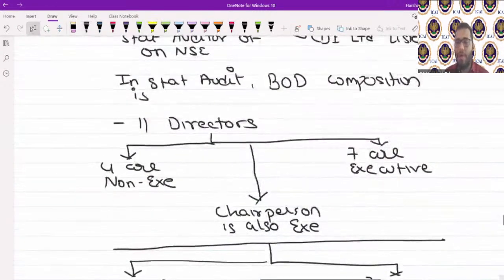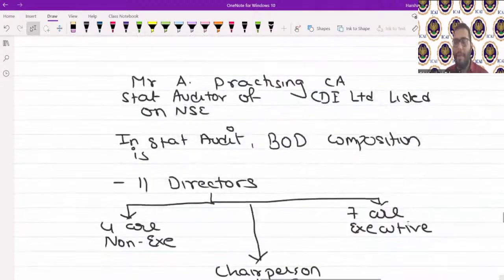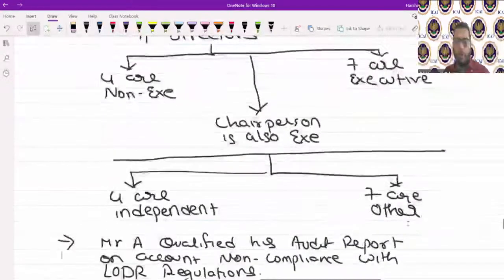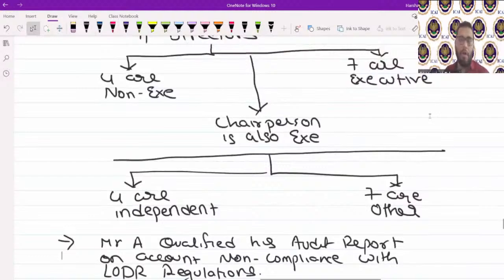Let's say these corporate governance guidelines are applicable to this particular company, CDE Limited. So you tell me whether this is appropriate or not appropriate. Simple. Come on, guys. Pretty simple. Whether this is appropriate or not, and how it is required to be reported.